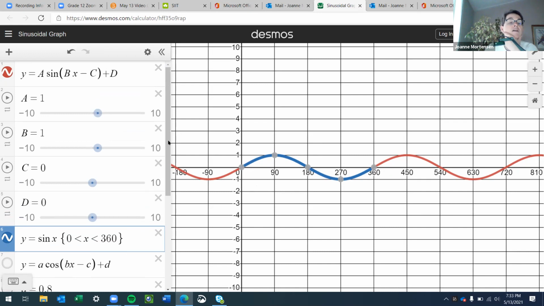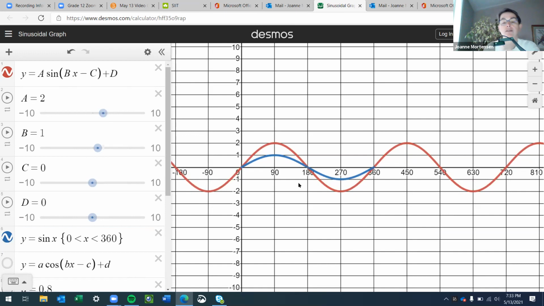Okay. So the first thing we're going to play with is the A out in front. And A, I like this one, stands for amplitude. So when you got your graph, A should have been set to 1. But as I move this and make it 2, this blue line, that's where we started.